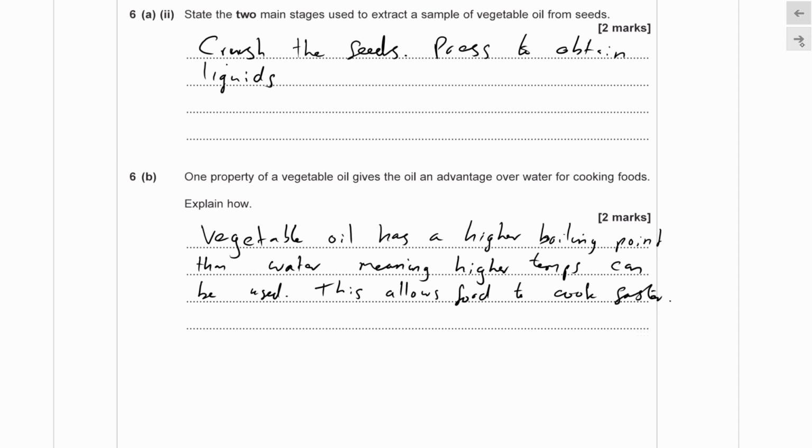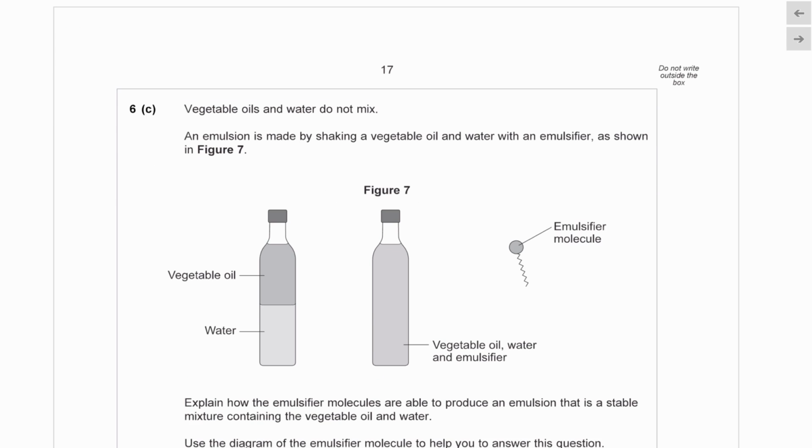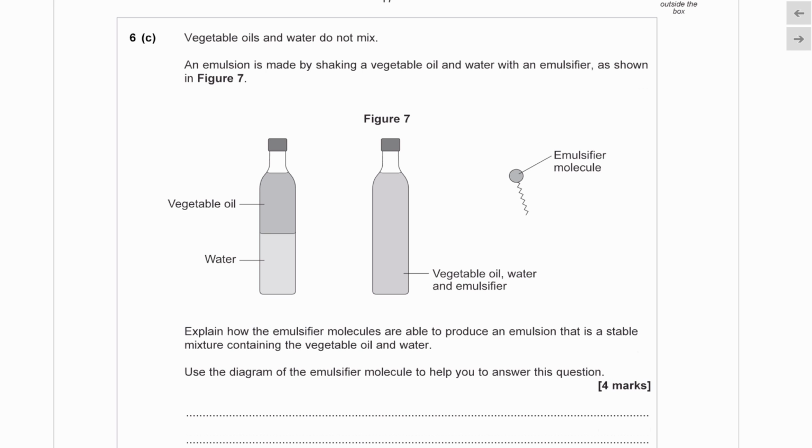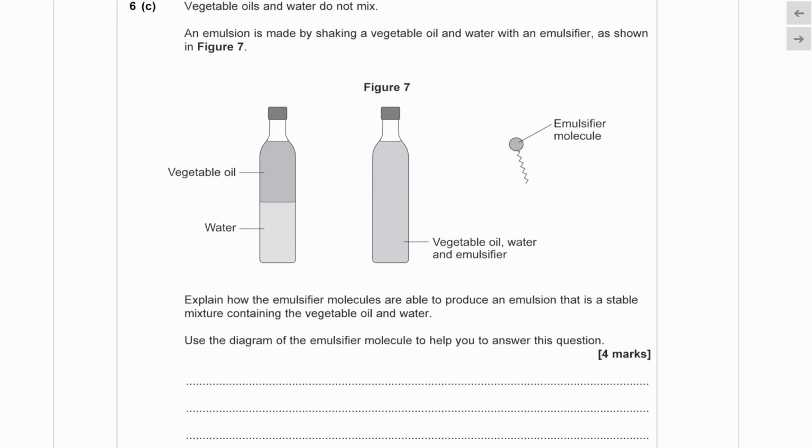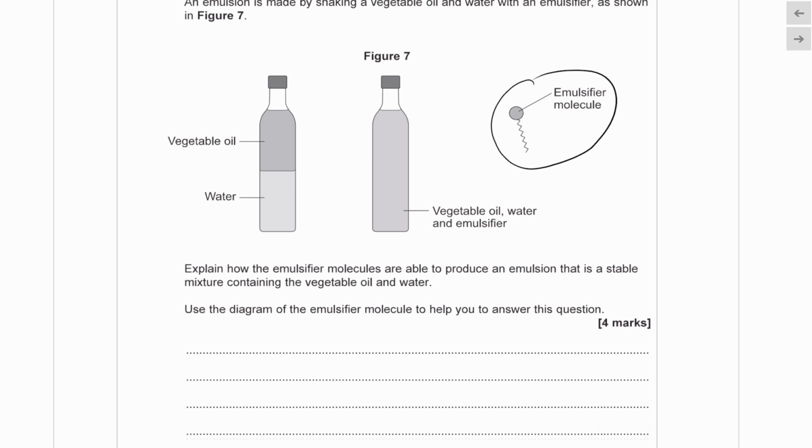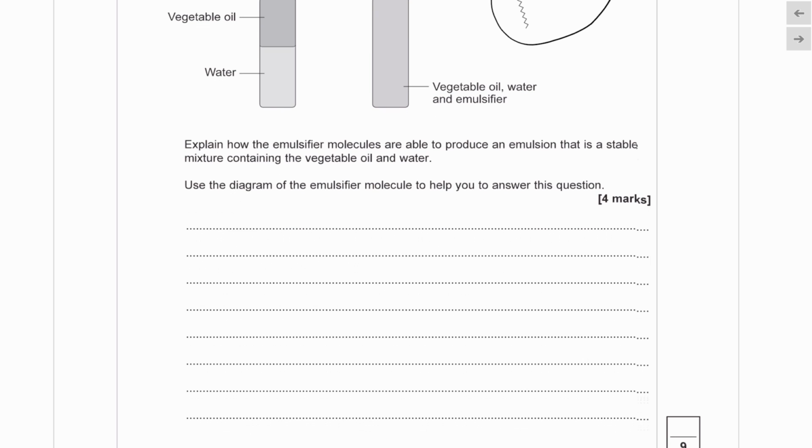Alright, and moving on, we've got 6C. It says vegetable oils and water do not mix, right? You should know that already. It says an emulsion is made by shaking a vegetable oil and water with an emulsifier, as shown in figure 7, right? So that's the emulsifier there. Underneath it says explain how the emulsifier molecules are able to produce an emulsion that is a stable mixture, containing the vegetable oil and water. Use the diagram of the emulsifier molecule to help you to answer this question.